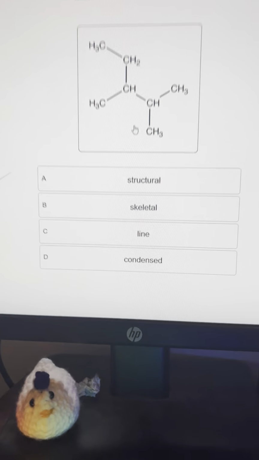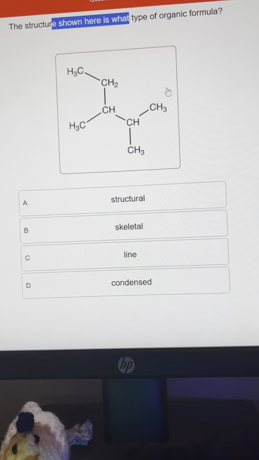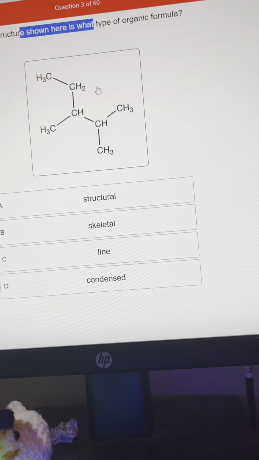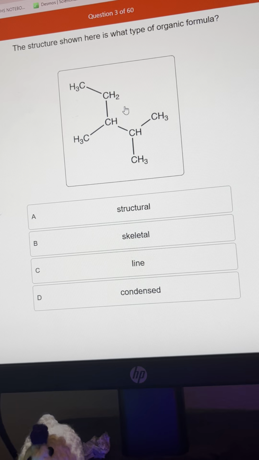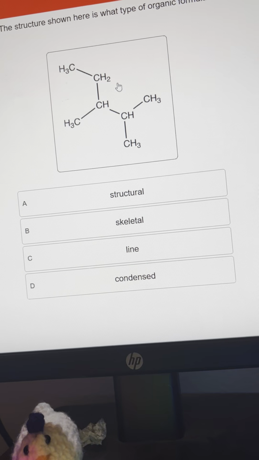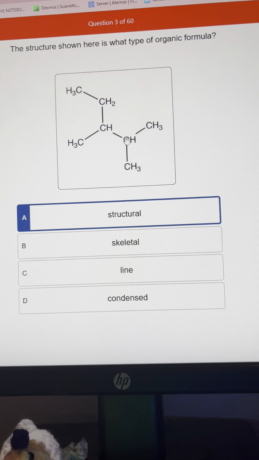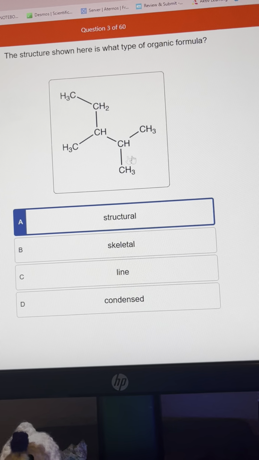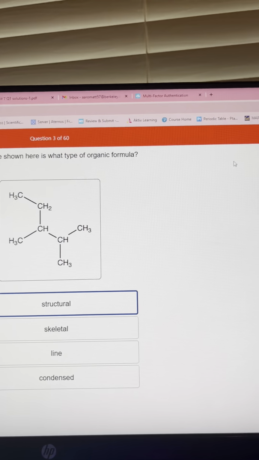Condensed is all of these numbers condensed in a line, one by one. We have the expanded structural formula, which is this one. This one is the expanded structural formula, because it forms like a structure. That's how I remember it. Skeletal would be different.